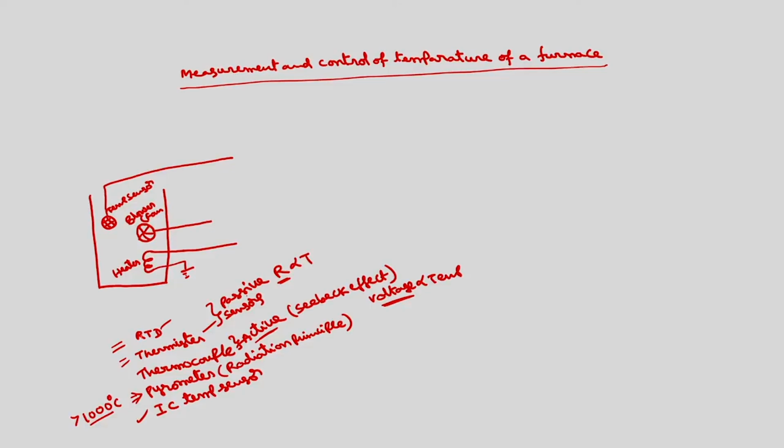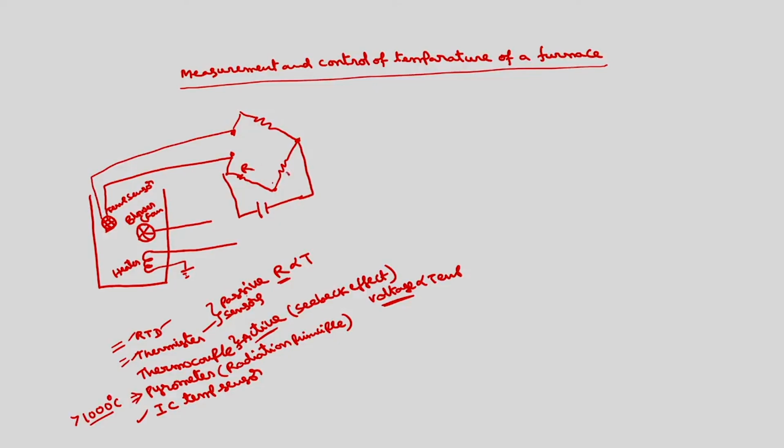Okay. Suppose this sensor is an RTD or thermistor, so we will have two leads. In order to convert this change in resistance to voltage, we will connect this to one of the arms of a bridge. We will take a bridge and apply some voltage at this point.